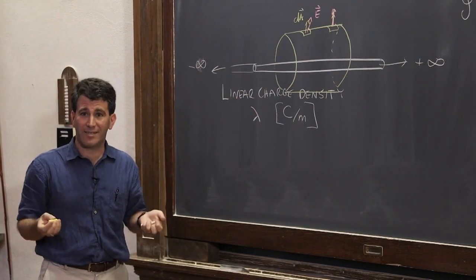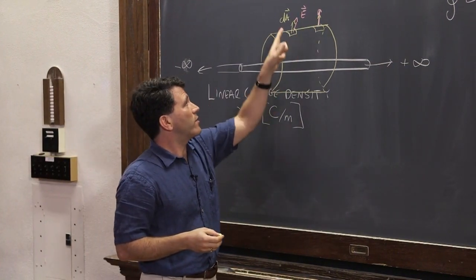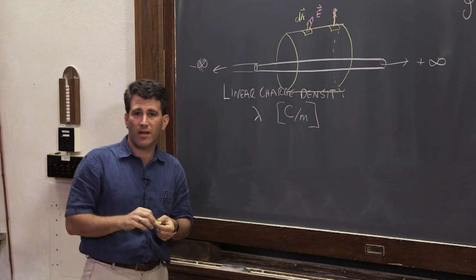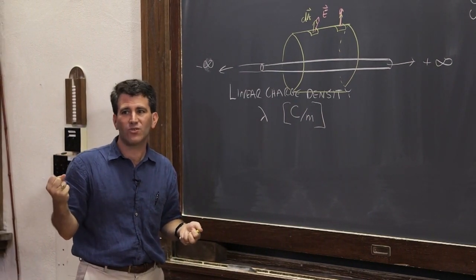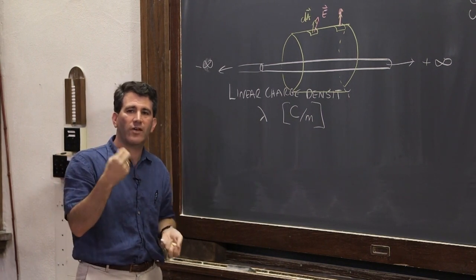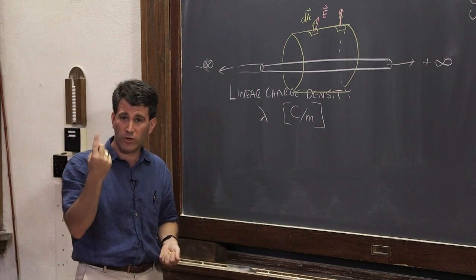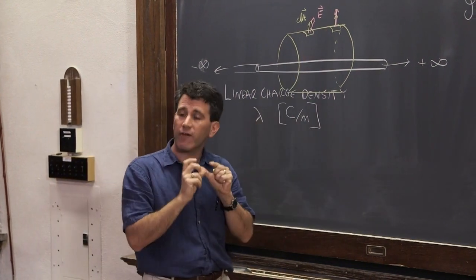That's really nice and simple because it means that the E field dotted with dA just becomes a regular product of their magnitudes. We don't have to worry about the cosine of the angle between the two vectors. We just multiply the magnitude of the electric field times, in this case, 1 for a unit normal, times a little piece of area.